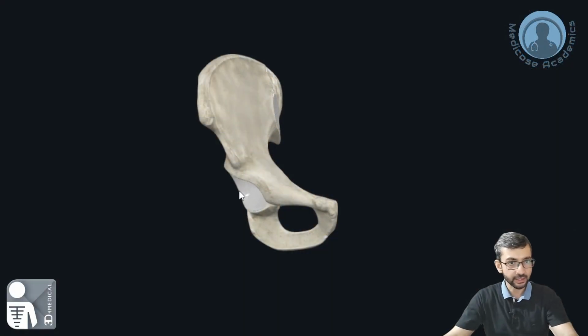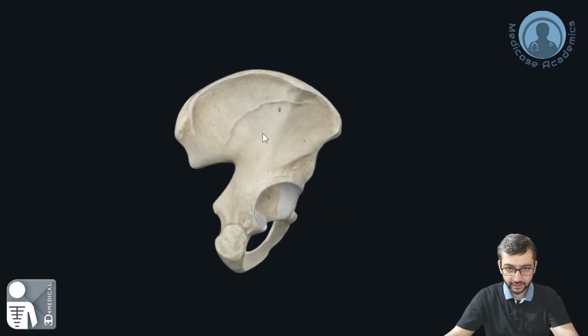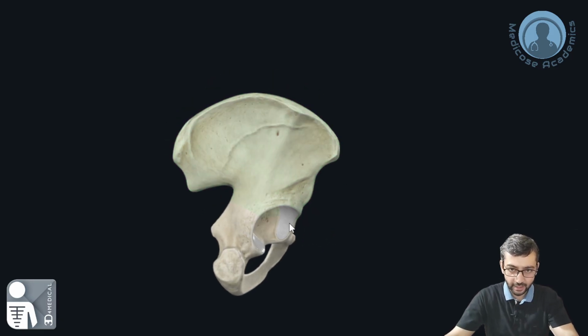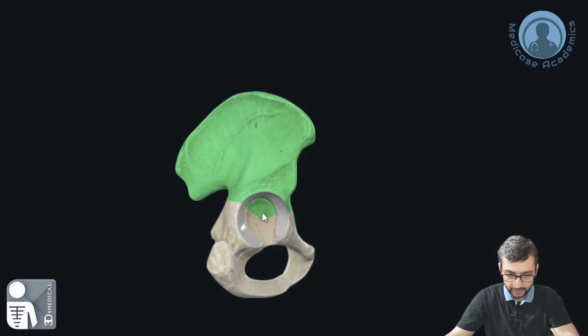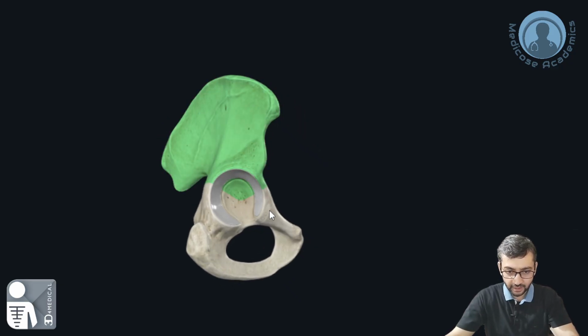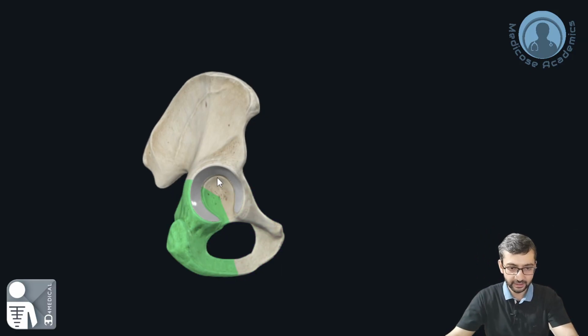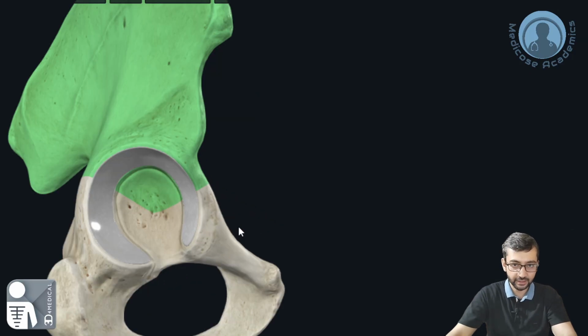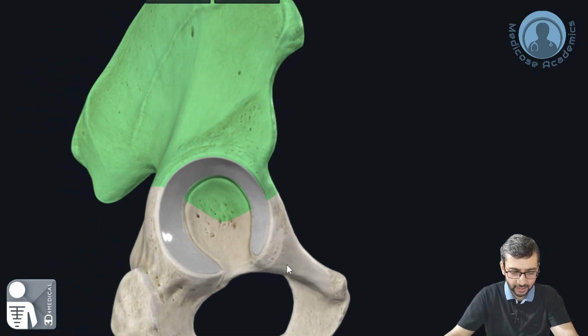As you can see here, this is a very large bone, an expanded upper part, and the lower part ends up fusing with the pubic bone in front and the ischium bone in the back, and these fusions are at the level of the acetabulum. In the adult bone you don't see very clearly where they fuse with one another.